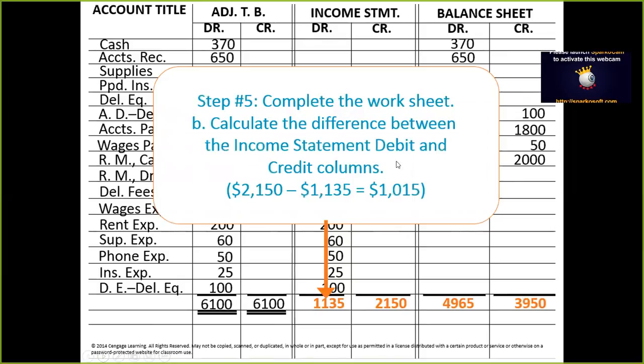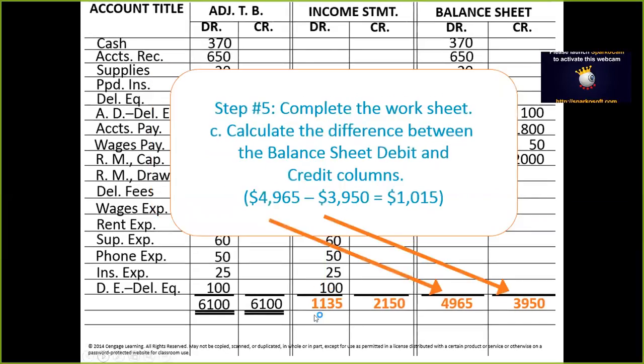We have to first calculate net income. How do we do that? We simply take revenues and subtract from it the expenses, 1135. We'll calculate the difference between the balance sheet debit and credit columns, which is 1015.